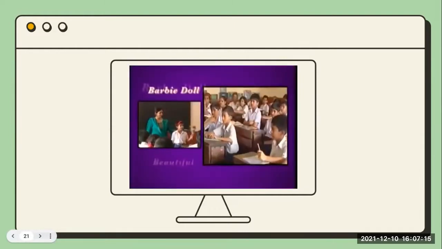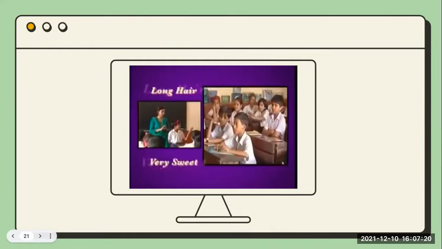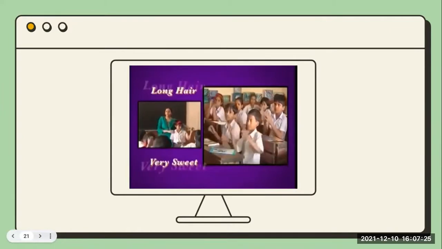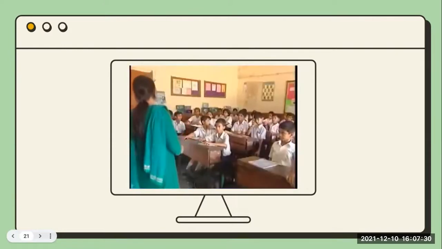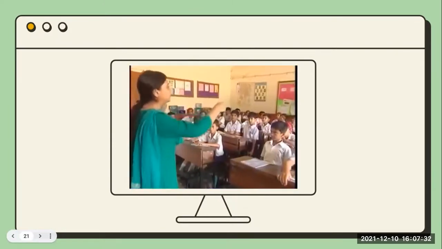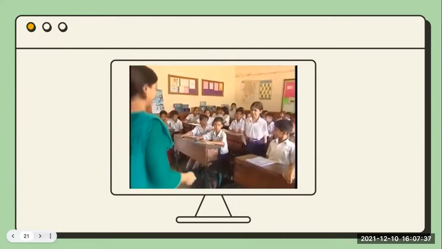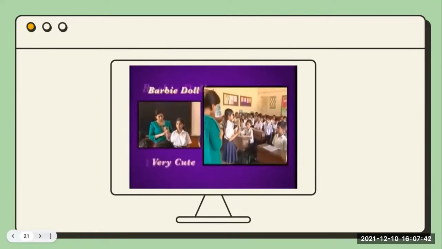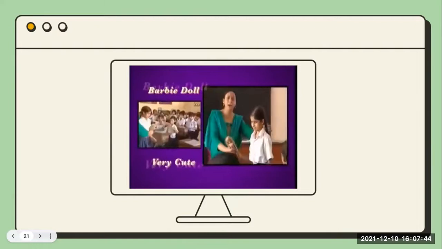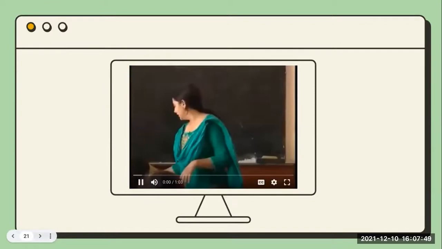Barbie doll is very beautiful. Her hair is very long. It is very sweet and long. Okay, very good. Clap for everybody. Clap for this girl. Very good. Now I would like to call upon some other girl from this row. Nobody? Yes. Please come. Here. This is a Barbie doll. She is very cute. Very good. Clap for everybody.